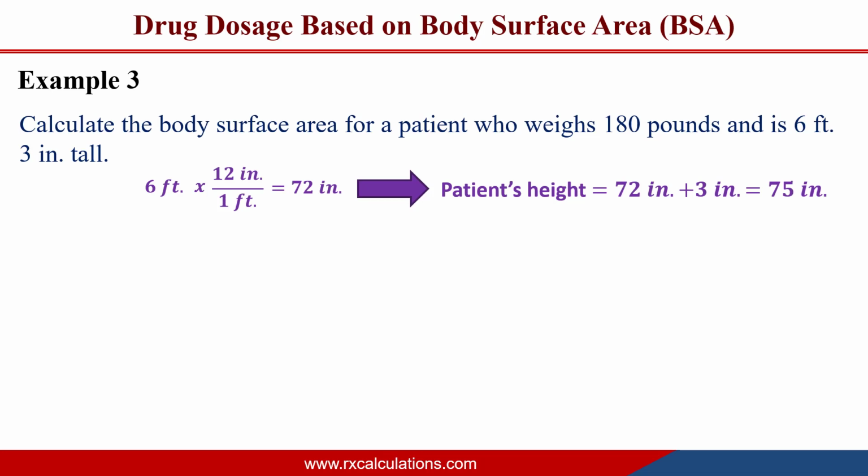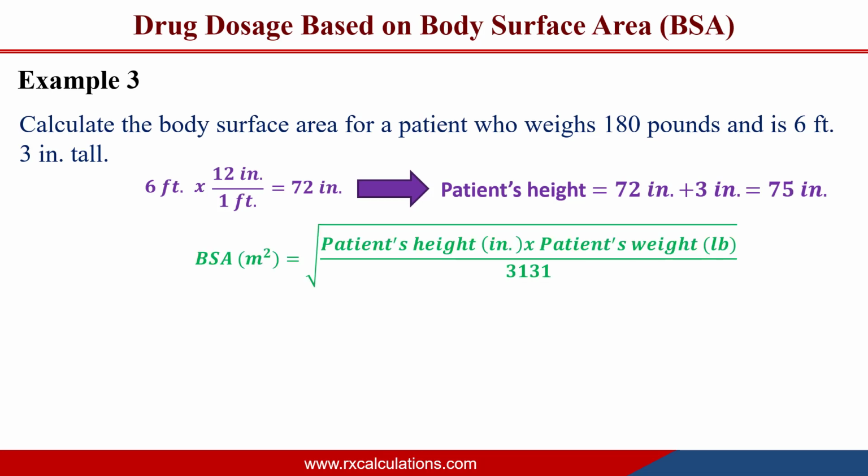So now we go ahead and put that in this equation, which is BSA in meters squared is equal to the square root of the patient's height in inches times the patient's weight in pounds divided by 3131. So now we substitute the information into the equation. So BSA in meters squared is going to be equal to the square root of 75, which was the patient's height in inches, which we just calculated, times the 180 pounds, which is the patient's weight, divided by 3131.